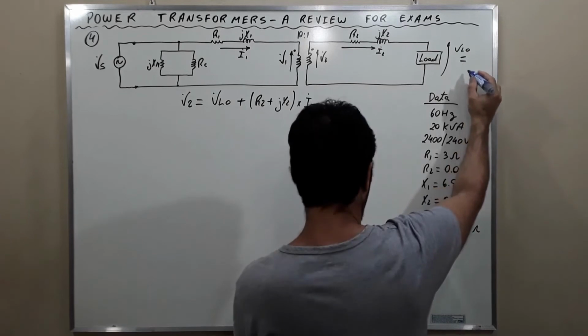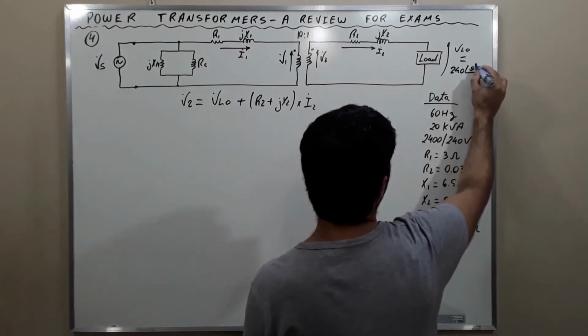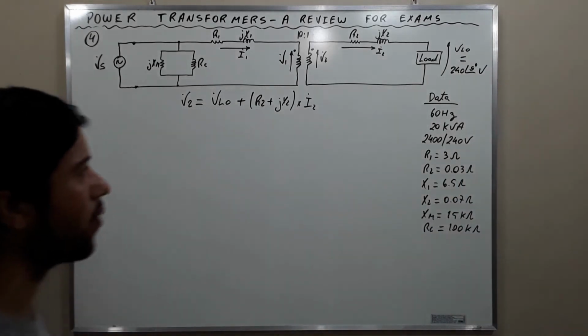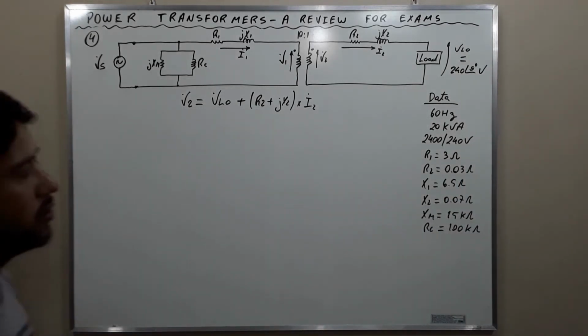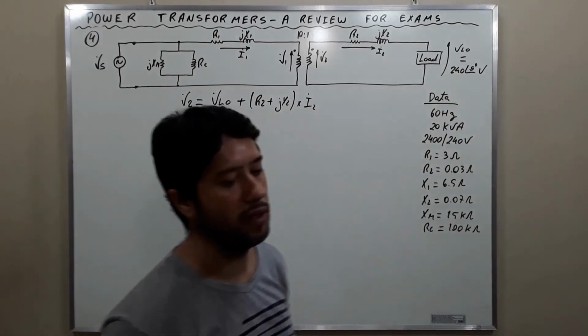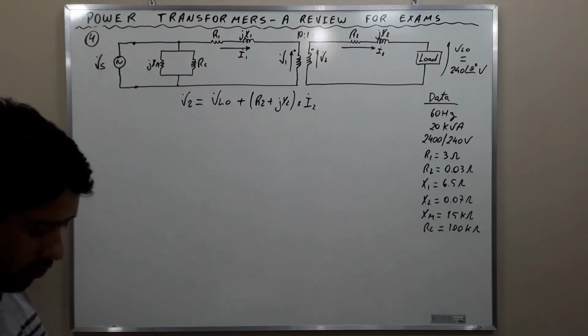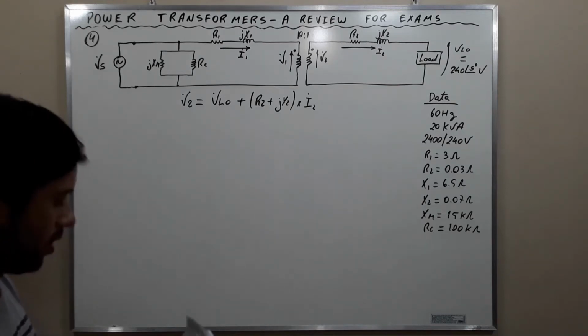It is 240 phase 0 degrees volts. We are setting as a reference the 0 degrees at the voltage delivered to the load. Okay, this is going to be our reference.